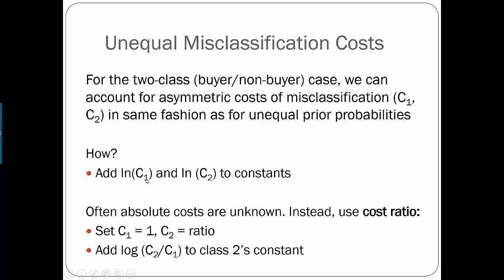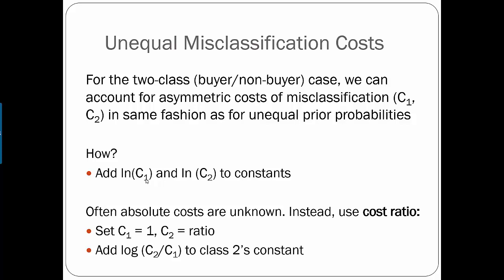But often it's very difficult to compute the misclassification cost in absolute terms, like $5 and $50. It may be easier to express this as a ratio. For example, misclassifying a non-owner as an owner costs 5 times as much as misclassifying an owner as a non-owner.